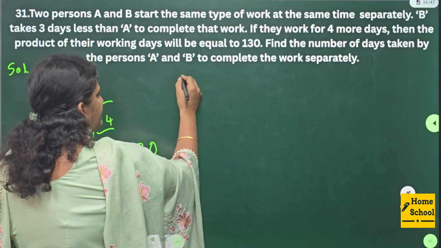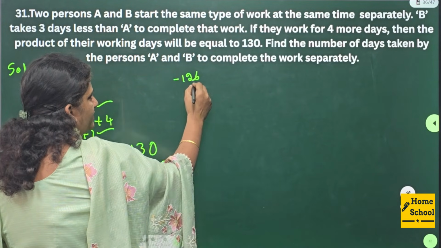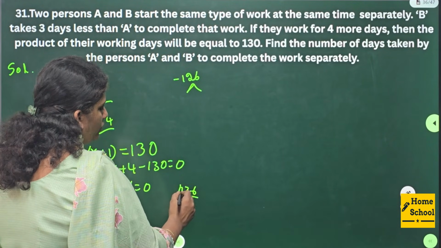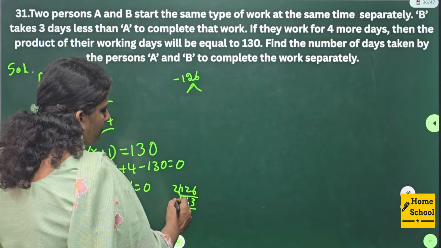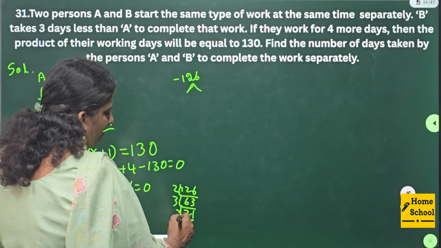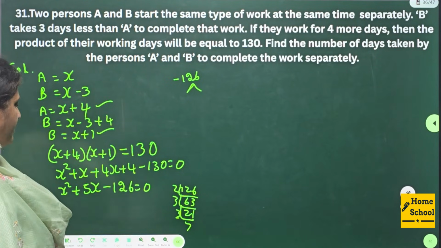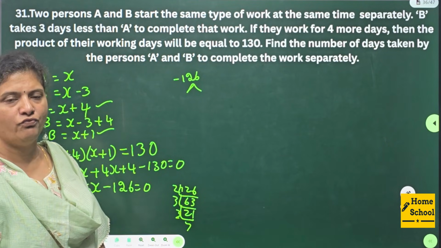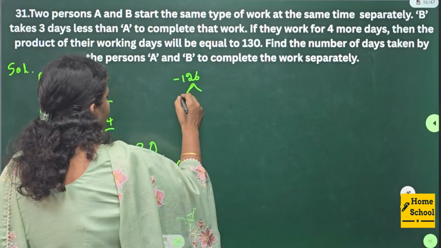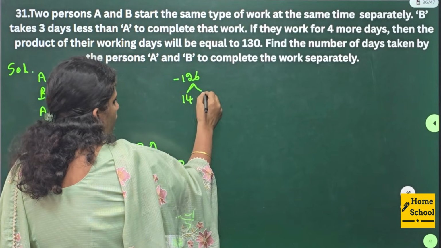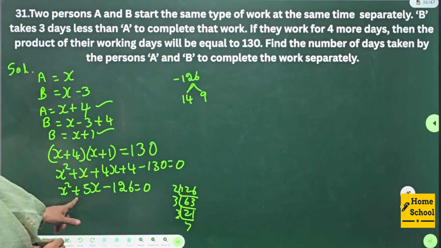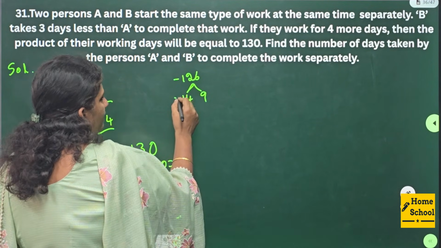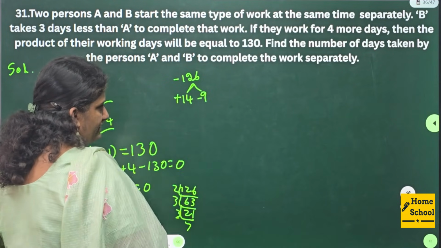Minus 126, what are the factors? How to get the factors? Do LCM. 2 6s are 2 3s, 3 2 3 1 3 7. 14 nines. What are the factors we are getting here? 14 and 9. Now in order to get plus 5, I will take plus 14 minus 9.